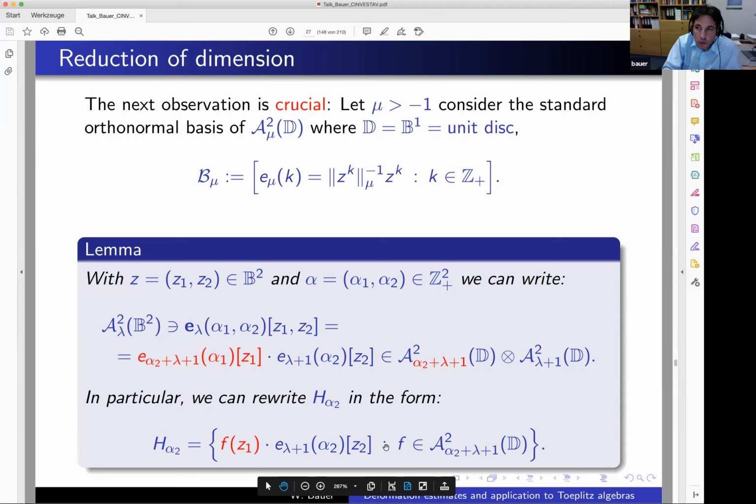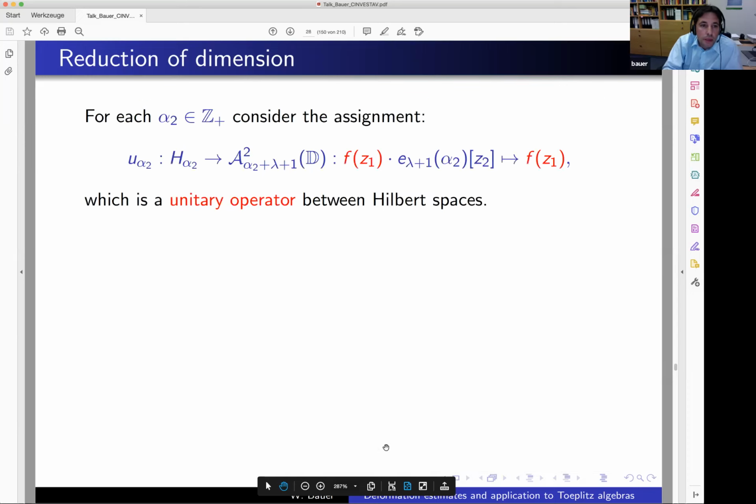That's a representation of H alpha 2. And this now gives us a map from this subspace of the Bergman space over the 2-ball to the Bergman space over the disk with this type of weight, which takes this function here and just picks out f of Z1. And that is a unitary operator between 2 Hilbert spaces.